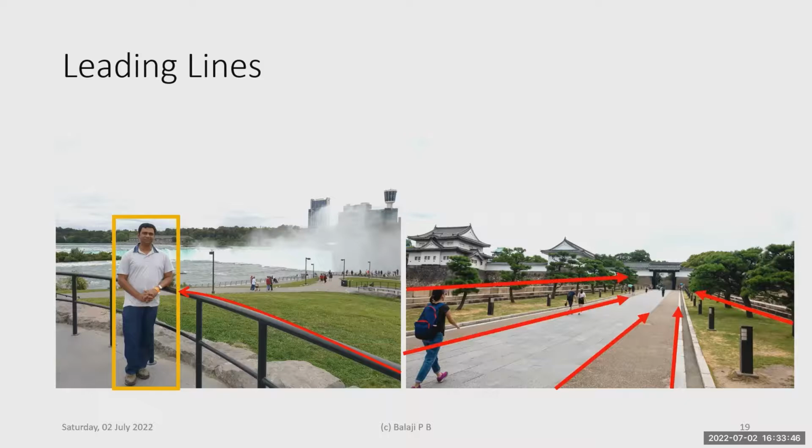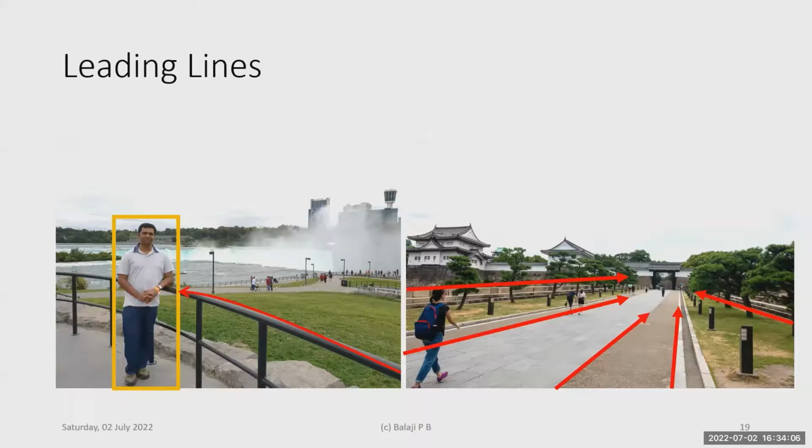So you can use leading lines to draw the viewer's attention towards the subject. You can use railroads, pathways, roads, railings, but it has to draw the viewers towards the subject.